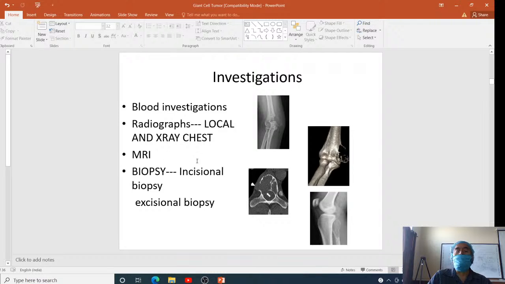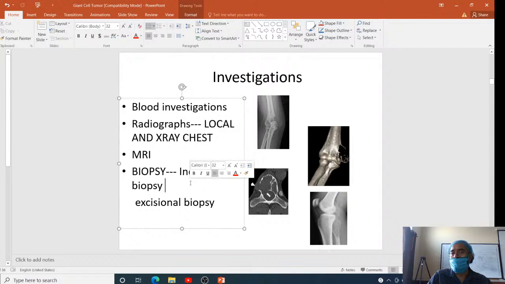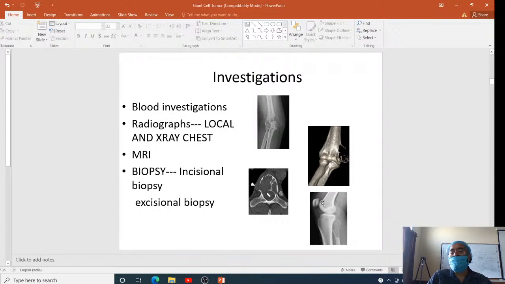And that biopsy could be an incisional biopsy. You can incise the bone, go inside and get the material for biopsy. Or sometimes in a case like this, upper end fibula, the upper end fibula can be sacrificed. So take out the upper end fibula even before you do a biopsy, and send it for biopsy after excision.